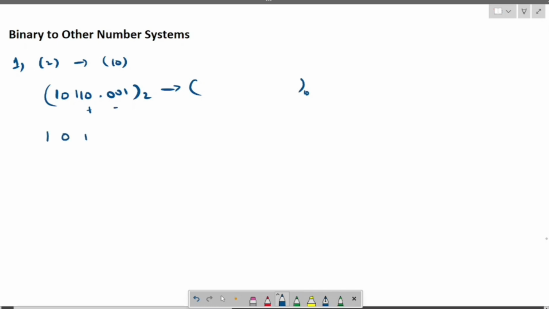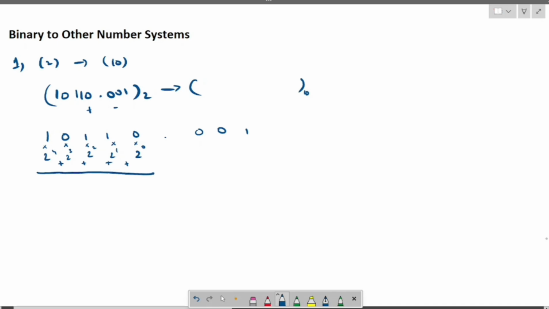1 0 1 1 0 point 0 0 1, right? 2 power 0, 2 power 1, 2 power 2, 2 power 3, 2 power 4. So all you need to multiply like this and you need to sum.